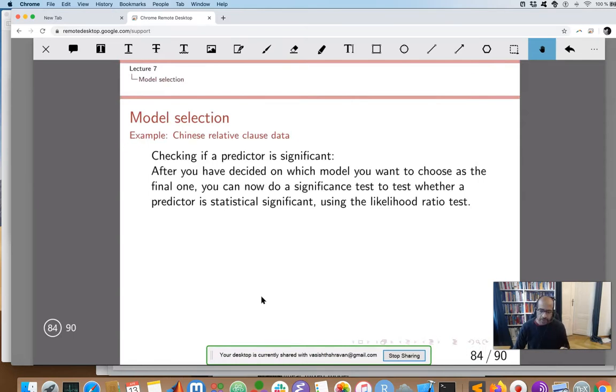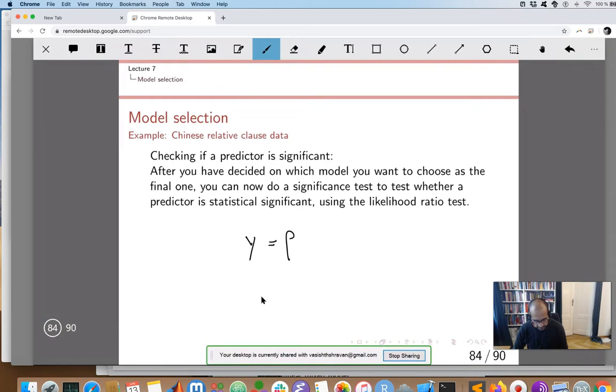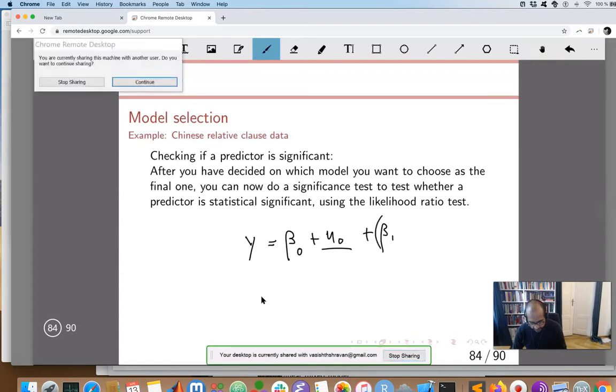So remember that in all the models that I had been comparing, I always had the following structure. I had the intercept, then the intercept adjustments, and then I also had the slope, where I may or may not have had the slope adjustments, right?